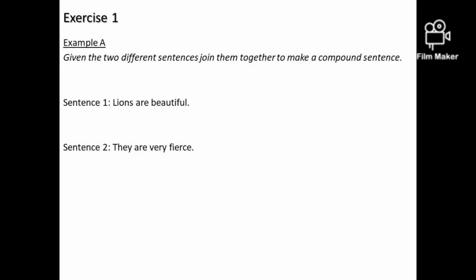Now, we are given actually two phrases. The first phrase is as follows. It says that lions are beautiful. Lions are beautiful.